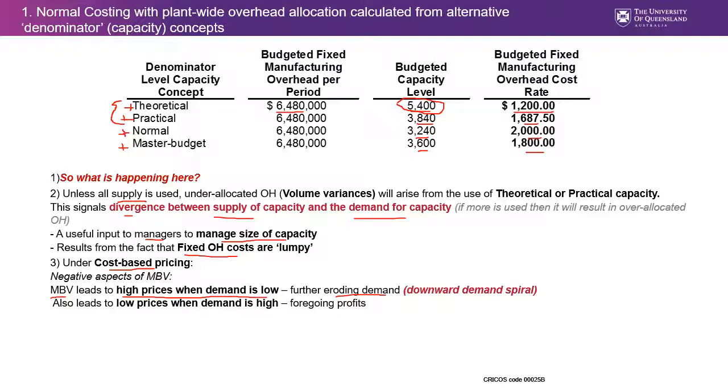Using a master budget volume also leads to low prices when the demand is high. So if we have very high demand for our motorcycle, that will mean that our budgeted level capacity using master budget will be higher, leading to a higher denominator and a lower overhead allocation rate.